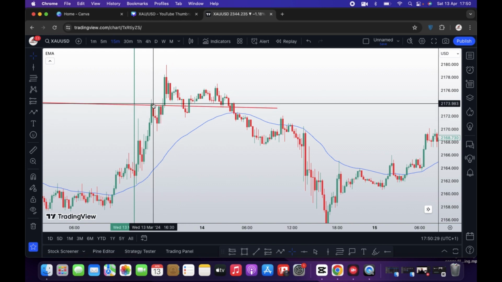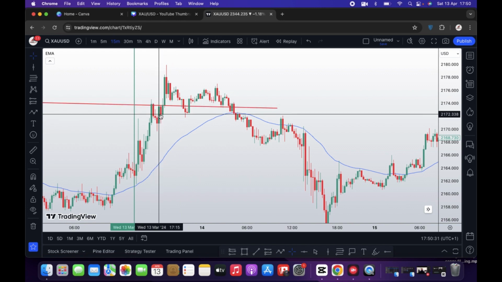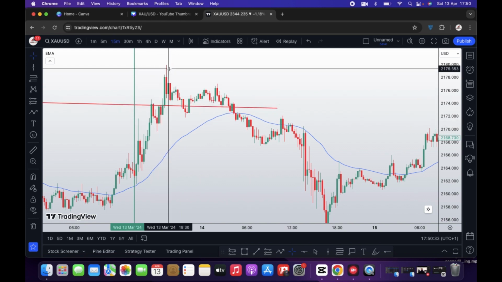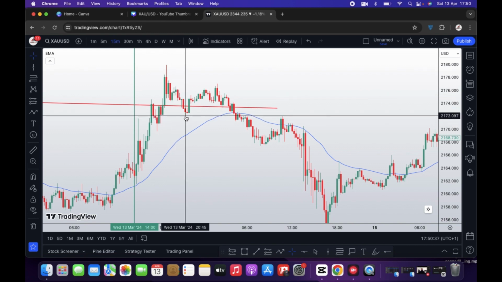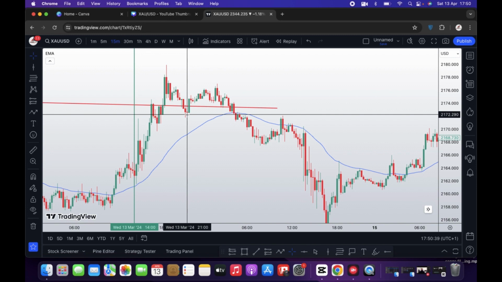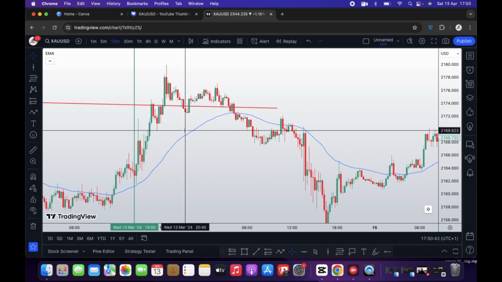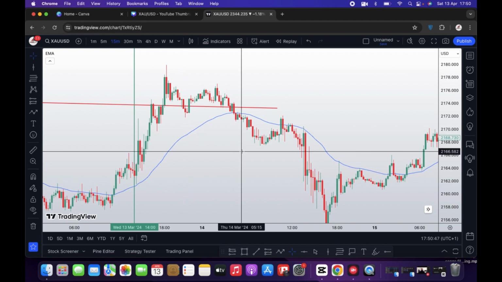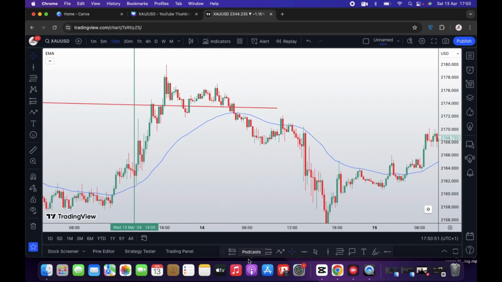You can see that market tested it here and dropped, then moved up. What are you guys seeing here now? This is a head and shoulders here. If you look well, you will see it. If you don't, you will not see. Then you should also study head and shoulders to be able to spot it.